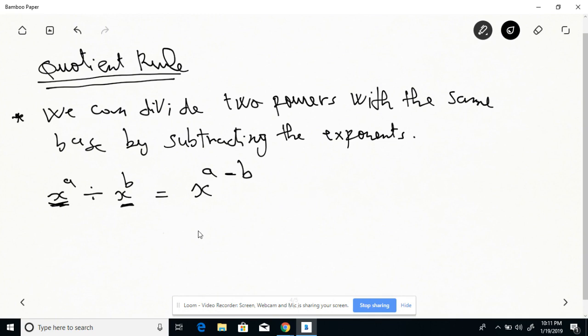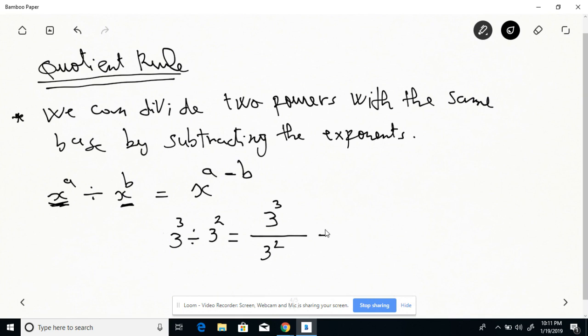I'm going to give an example here. We have 3 to the power 3 divided by 3 to the power of 2.